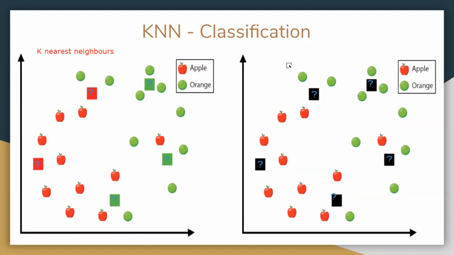If you take 3 people, and 1 is apple and 2 are oranges, this can be an orange. If the 3 nearest are all apples, this can be an apple. If you take the 4 nearest, out of 4 you have 3 oranges and 1 apple, so it can be orange.